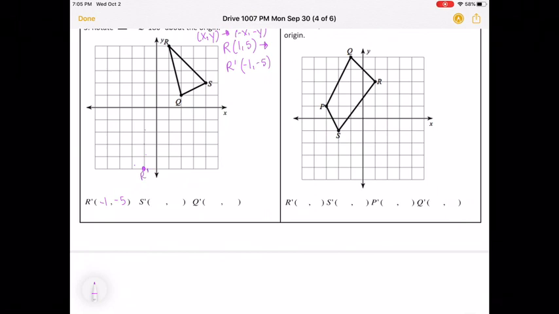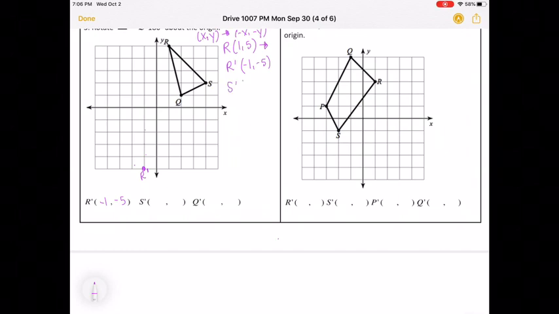Okay, again, take a second, pause the video, and find S and Q using that same mapping rule up there. Okay, if you paused, you should be checking your answer now, not just writing down what I have.